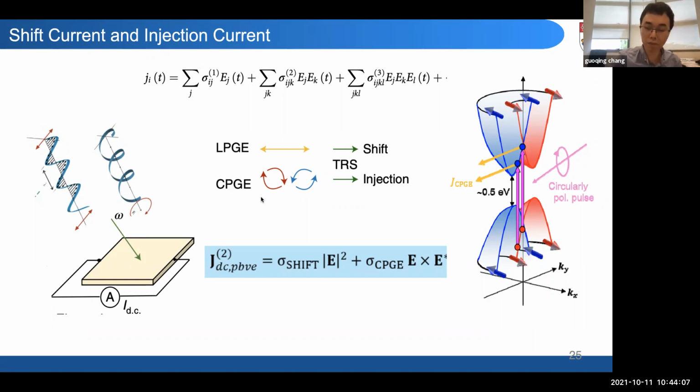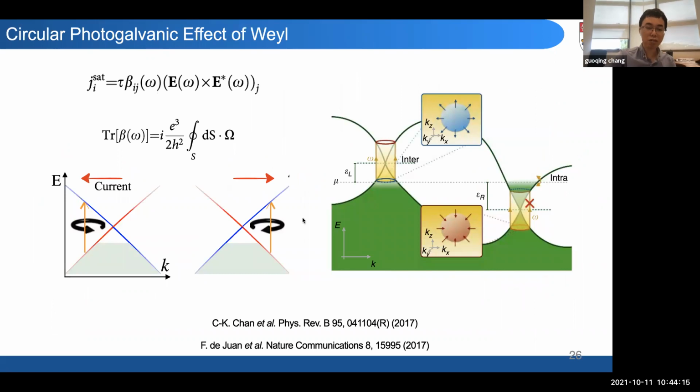Now my attention is focused on semimetals, and especially Weyl semimetals, because we can induce topological photocurrents. So we start from the simple circular photogalvanic effect.